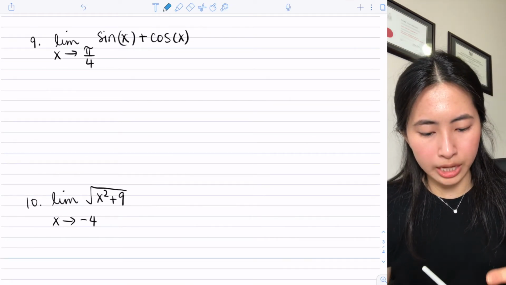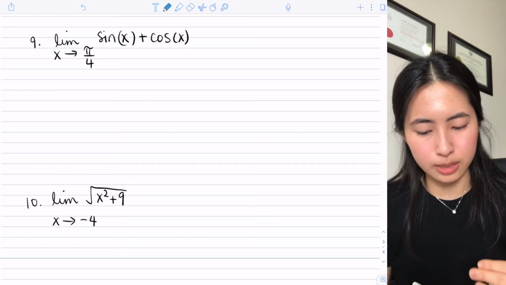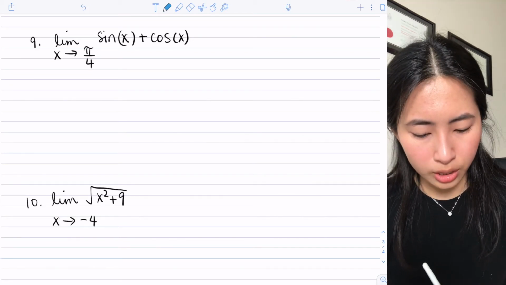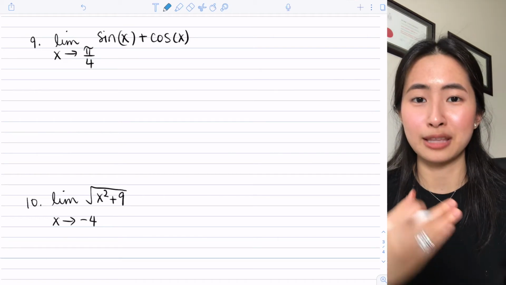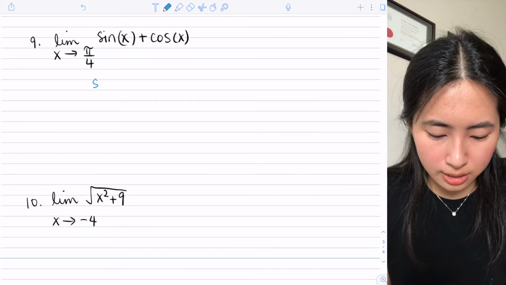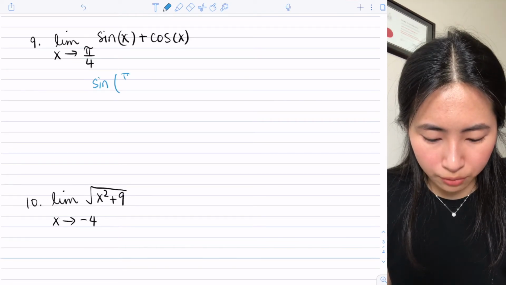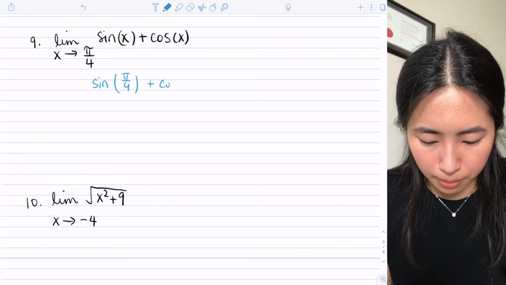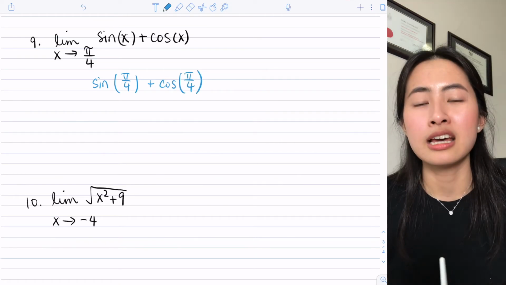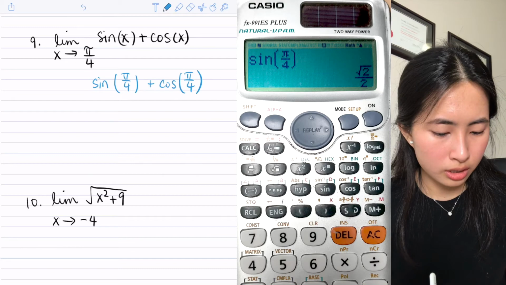Okay, so for number 9, you have the limit of sine x plus cosine x when x approaches pi over 4. Again, because it's direct substitution, all you do is plug in pi over 4 into your x. So you would have sine pi over 4 plus cosine pi over 4. Now take your calculator and plug in sine pi over 4.